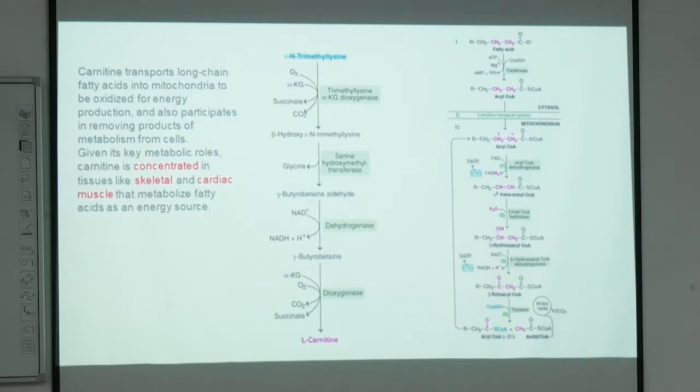So after the fatty acid enters the mitochondria, what is this pathway? This is beta oxidation of fatty acid.